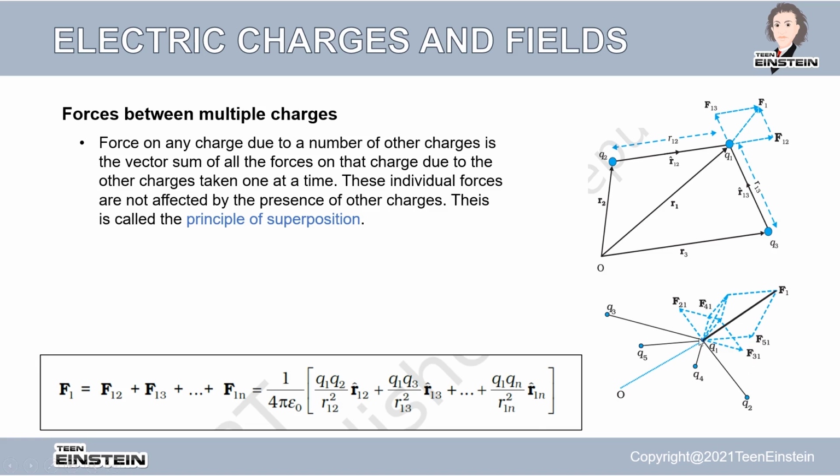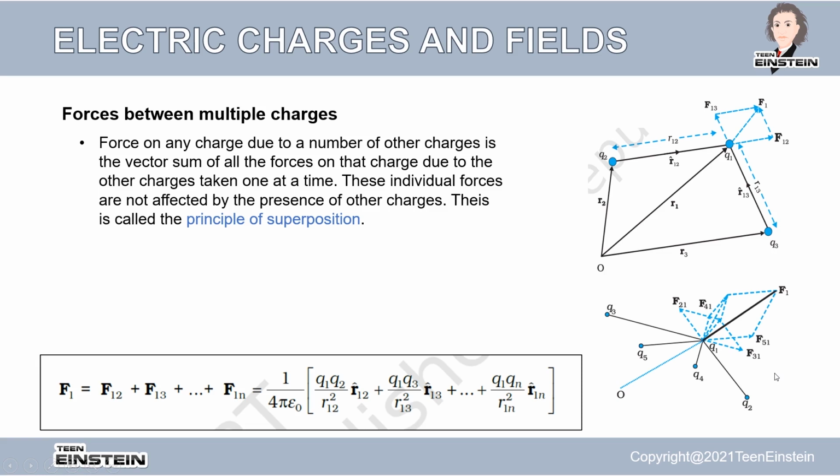So first let's take F21 and F31, and the sum of this F21 and F31 is here in this vector. And again we are taking the sum of F41 and the sum of F21 and F31, and that is this vector. And finally that resultant vector taken with F51 gives us this. So this F1 is nothing but the vector sum of F21, F31, F41 and F51.